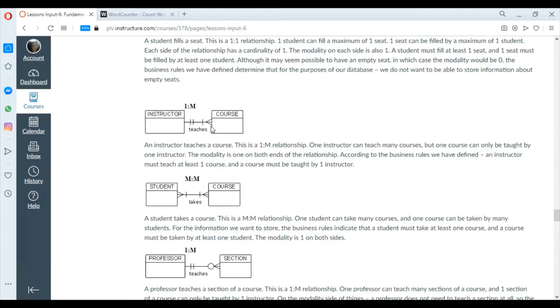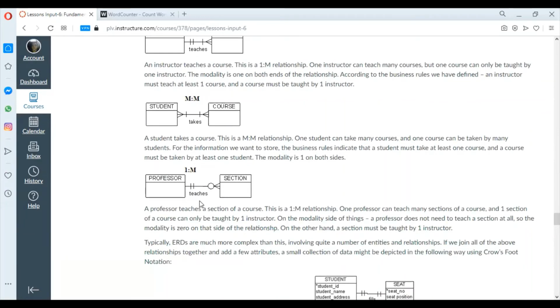We have here one or many students take one or many courses. As you notice, it is more advisable to use N instead of M if you are using a many to many relationship. Then we have here one professor teaches zero or many sections, whereas in Chen notation there is only one or many.